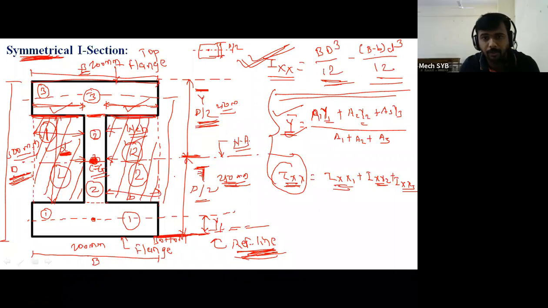First, the y bar formula is equal to capital D divided by 2, and the second y bar formula, meaning OR, a1 y1 plus a2 y2 plus a3 y3 divided by a1 plus a2 plus a3. And two Ixx formulas, one direct, another with some lengthy calculation like Ixx1 plus Ixx2 plus Ixx3. Any formula you can use, the answers will be the same using both formulas. We can verify that while solving the numericals also.